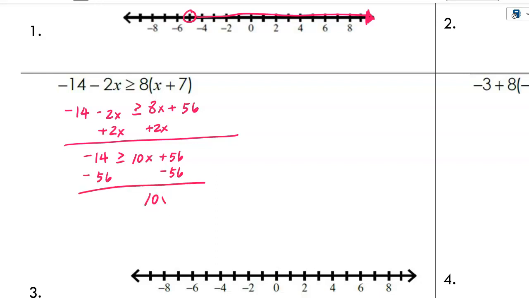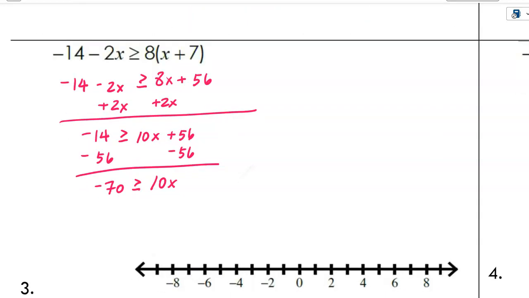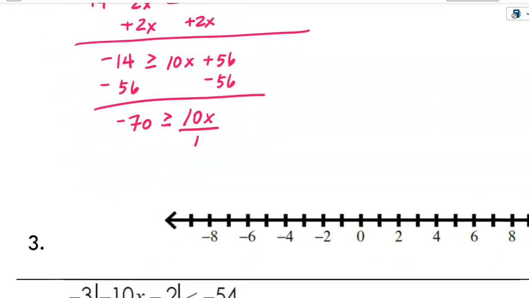Okay, and 10x is less than or equal to negative 70, and then divide both sides by 10. So you end up with negative 7 is greater than or equal to x. And I'm going to go ahead and rewrite this as x is less than or equal to negative 7.